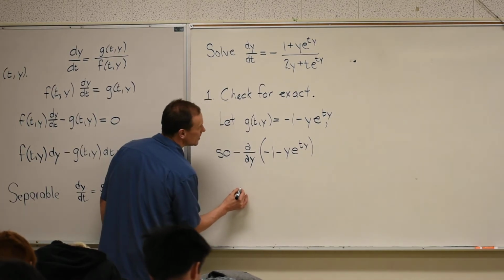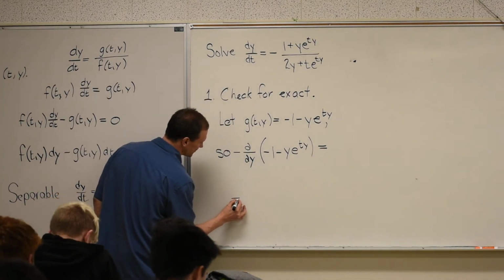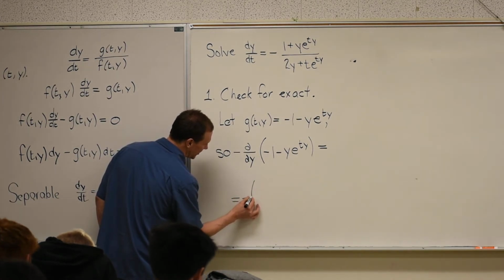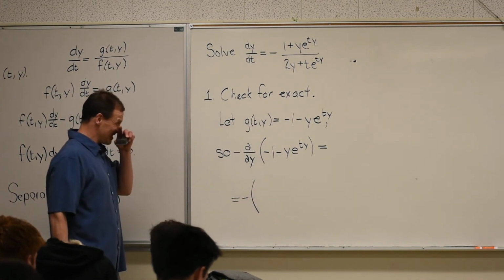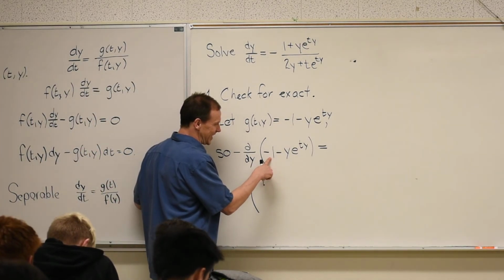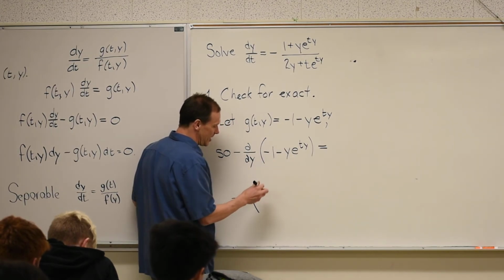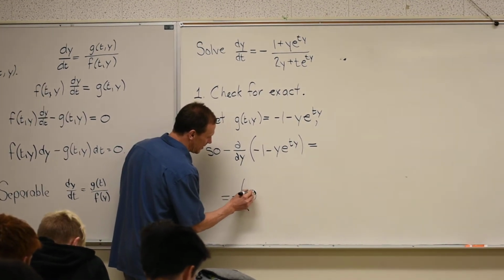I'm going to put that minus and then we'll distribute it later. The derivative of minus 1 is 0. I'm going to put that placeholder down.